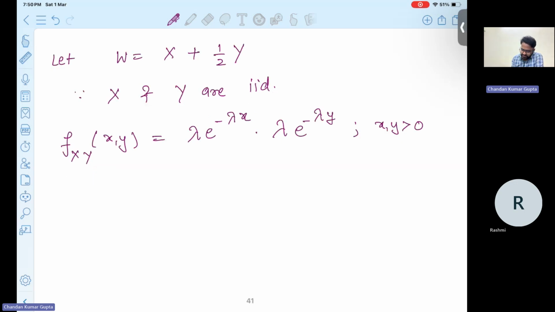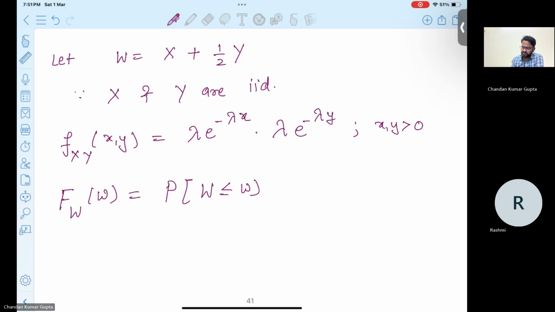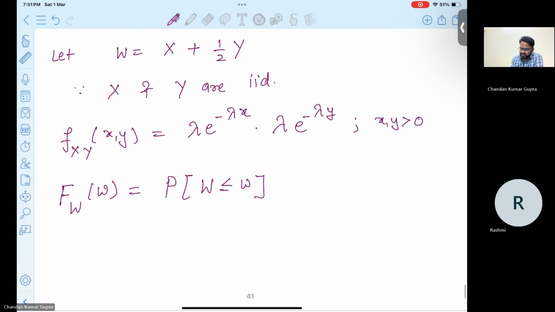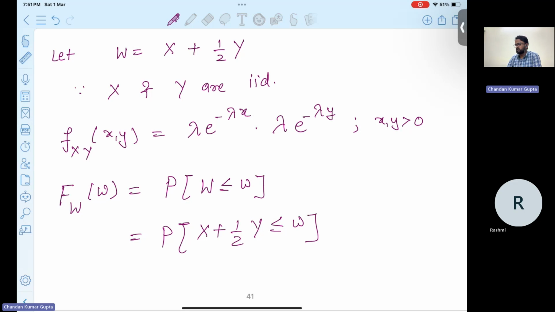Now we need to find F_W, that is the CDF of W, which is defined as the probability that W is less than or equal to w. Now W is X plus half of Y, so the probability that X plus half of Y is less than or equal to w.